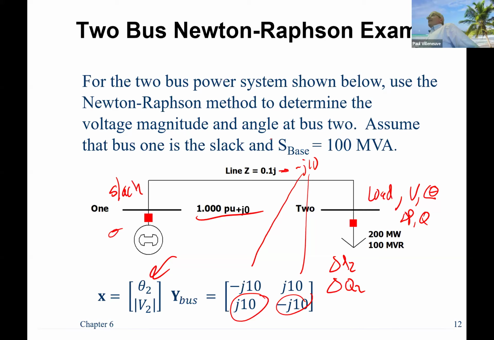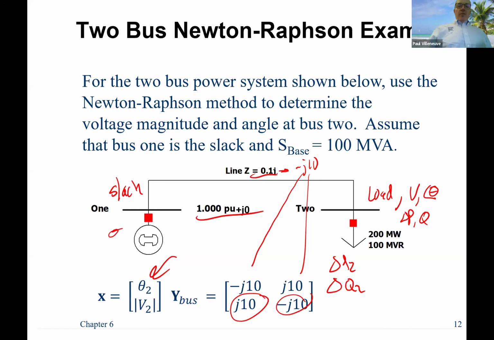You ready? What is G11? 0, yeah. Do you have any real part in your line impedance? It's purely imaginary. So how can I have a G term if it's purely imaginary?